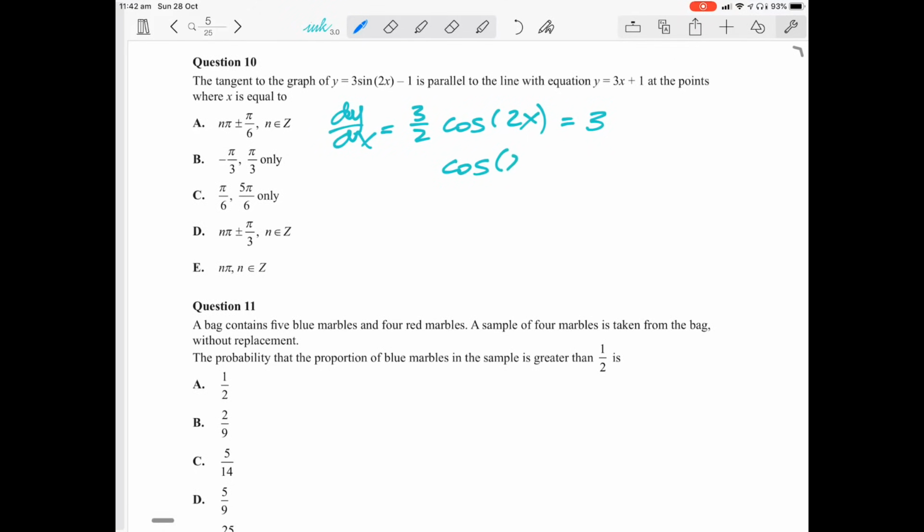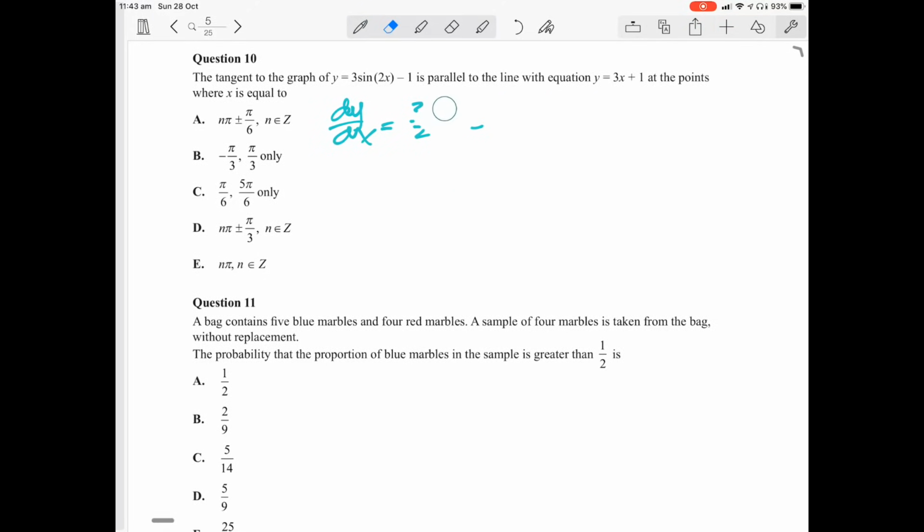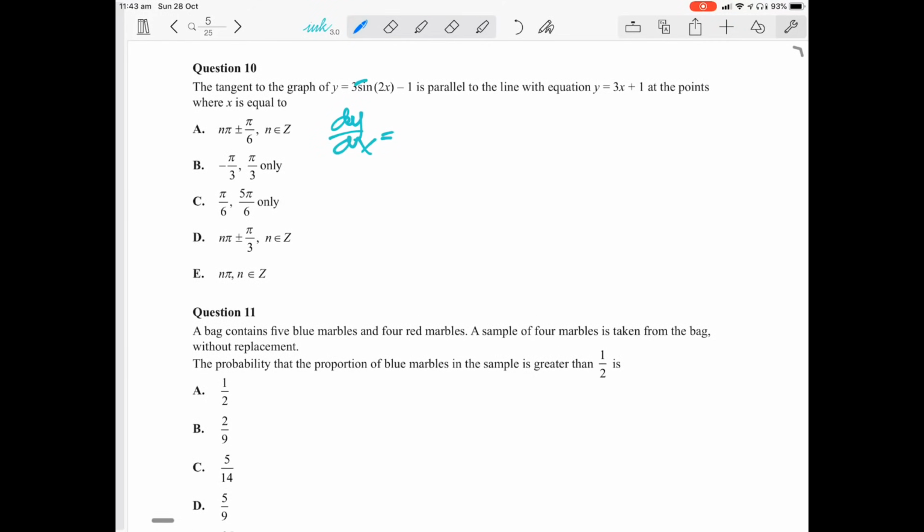So we get cos 2x is equal to... I stuffed that up. I integrated. Oh, well, I didn't. If you bring your 2 out the front, it's going to be 6 cos 2x, and that equals 3. Cos 2x is equal to 1 half.